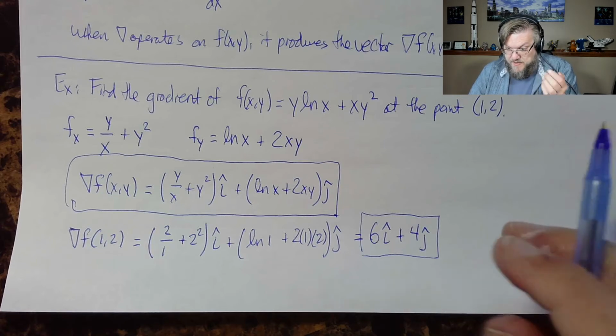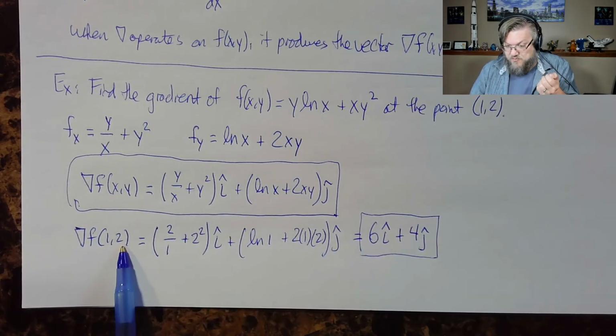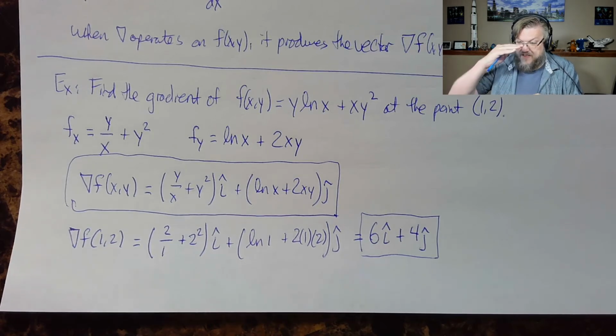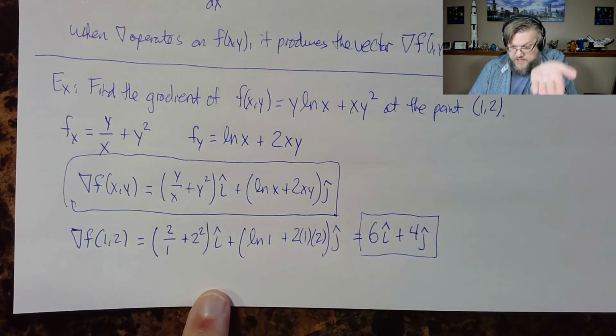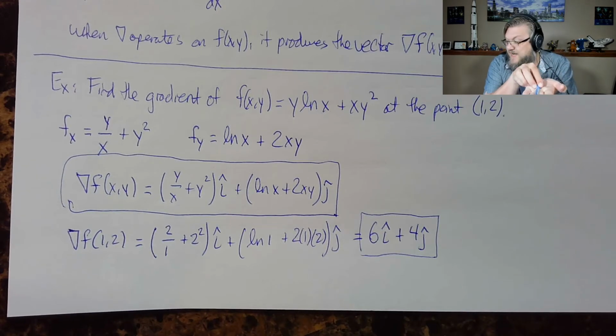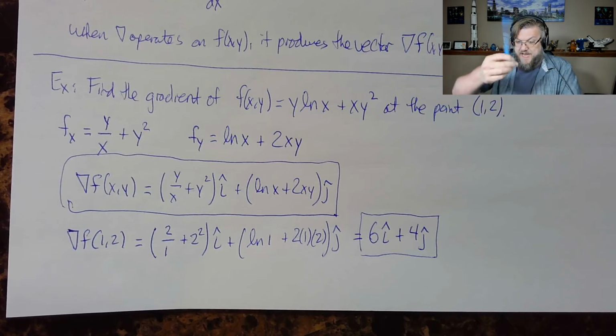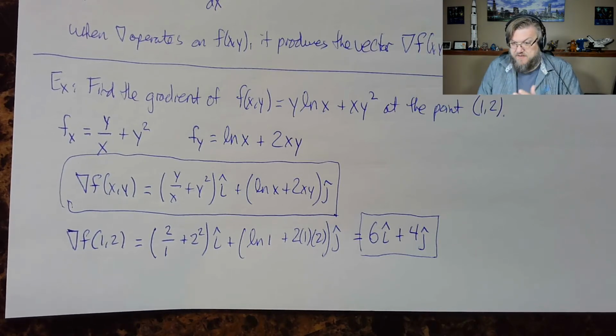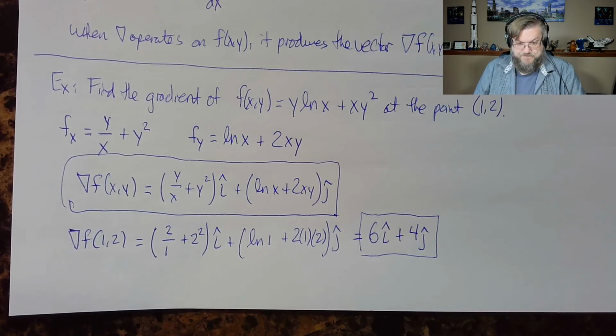Remember what I was talking about? So imagine yourself standing at the point 1, 2 on the surface, right? So you're standing at some height, right? And you're holding a compass, and that compass is pointing in the 6i plus 4j direction. Okay, notice there's no k component, right? It's not going up or down, anything like that, right?